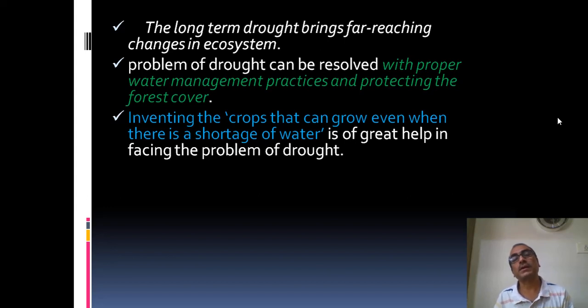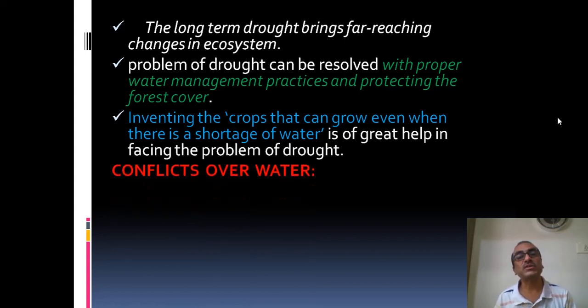In shortage of water also they can thrive well, and these are called plants resistant to environmental stresses. Such genetically modified plants have been developed now, which can grow in such dry weather conditions and also give us food in the form of grains and pulses. So that is one way we can fight the drought conditions and see that people do not die because of starvation.